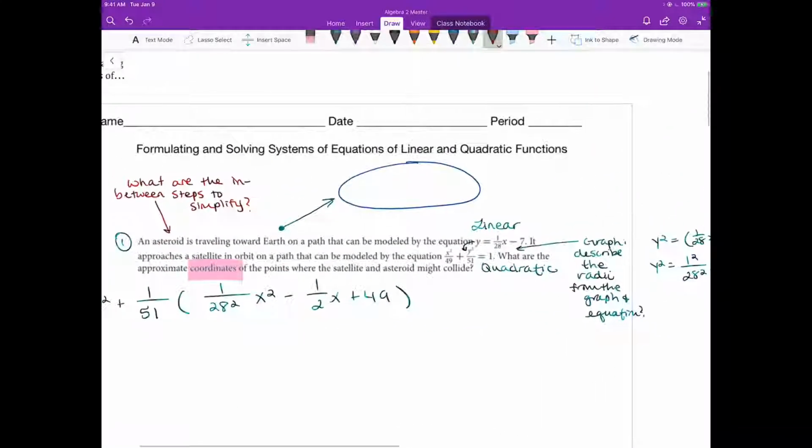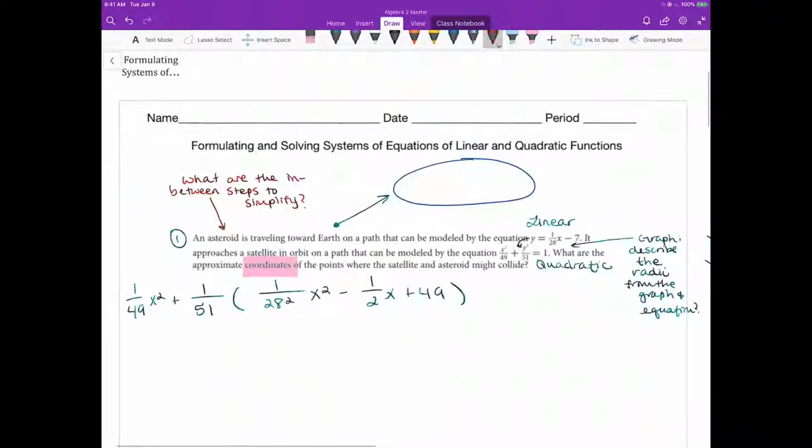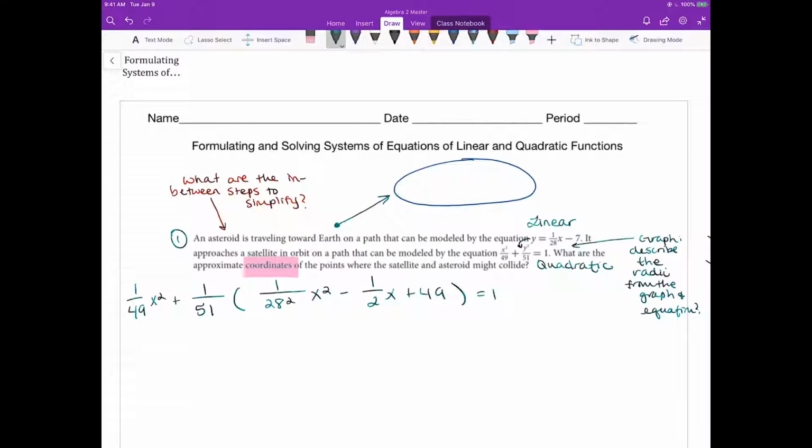From our side work over here. And then all of this would be equal to 1. And then we would distribute and collect like terms.